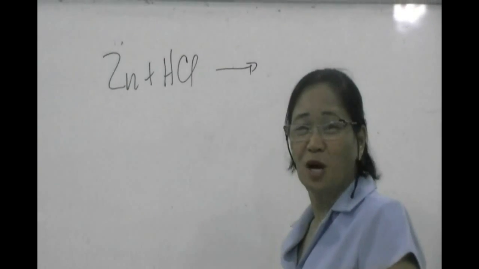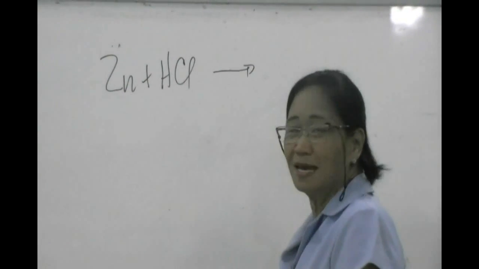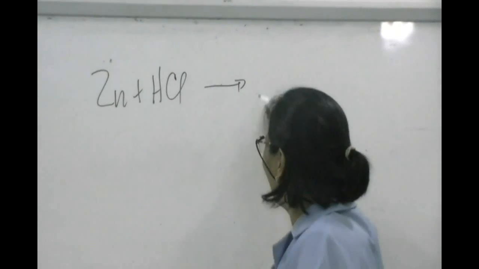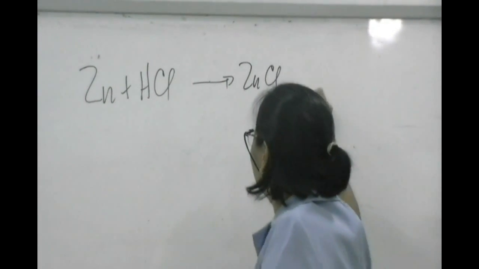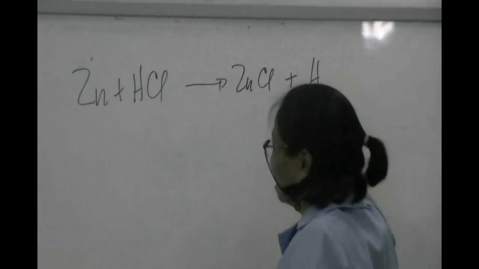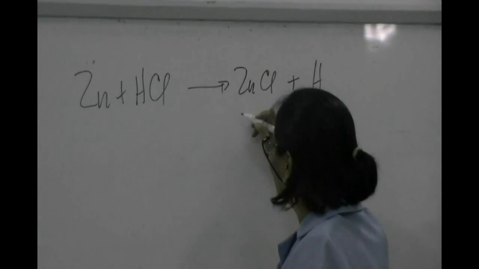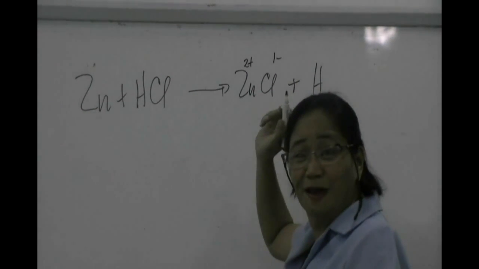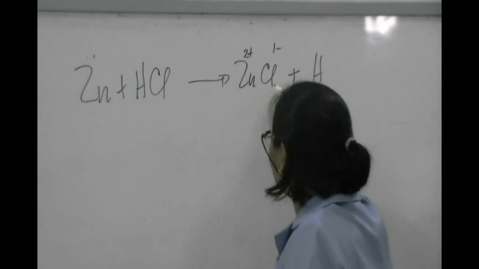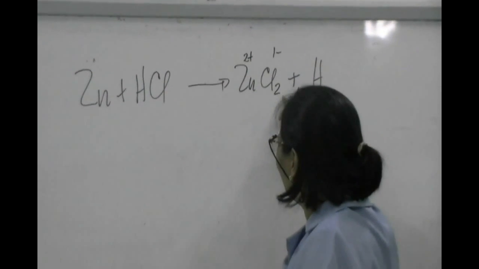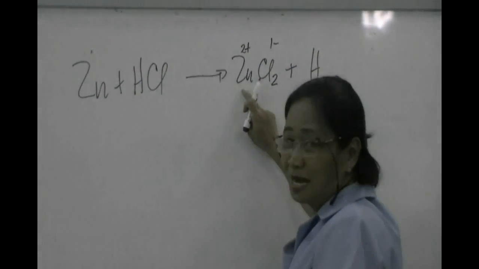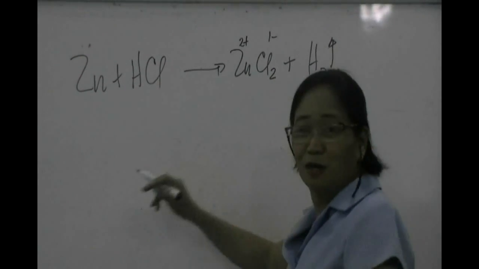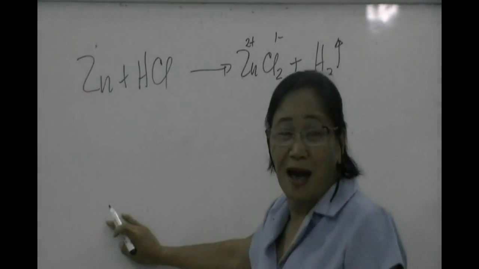In the equation, zinc is reacting with hydrochloric acid, giving you a product of zinc chloride plus hydrogen. Always remember that zinc is 2 positive and chlorine is 1 negative by oxidation number. So the zinc chloride will be ZnCl2 plus hydrogen. It's diatomic, so you put 2 after hydrogen.